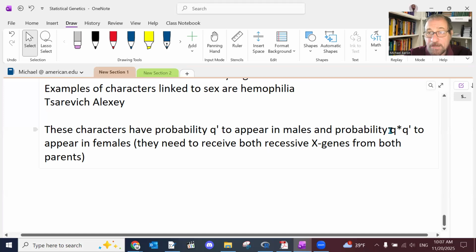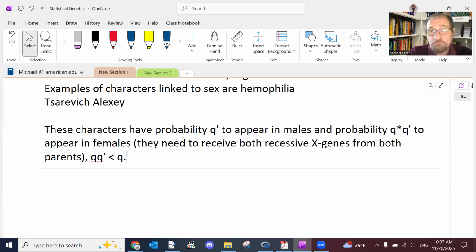So the probability under random mating will be Q times Q prime, which is much smaller. Q times Q prime is much smaller than Q. Therefore, males are more prone to such diseases, these characters that are carried by sex-linked genes.